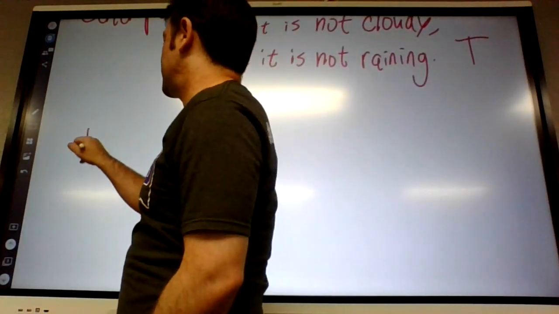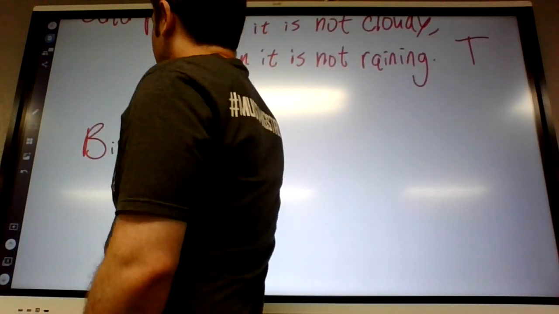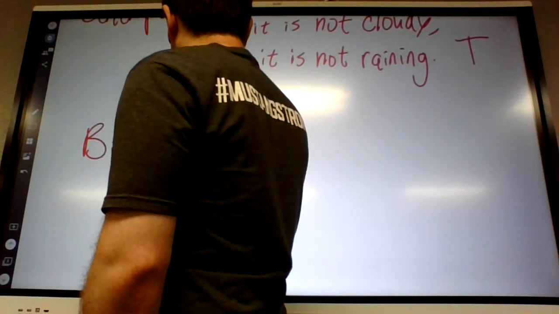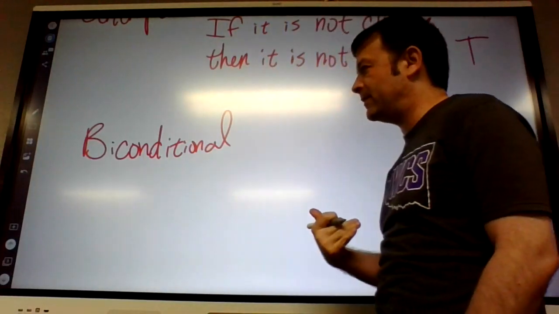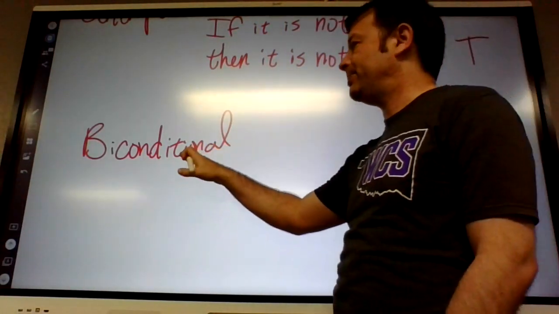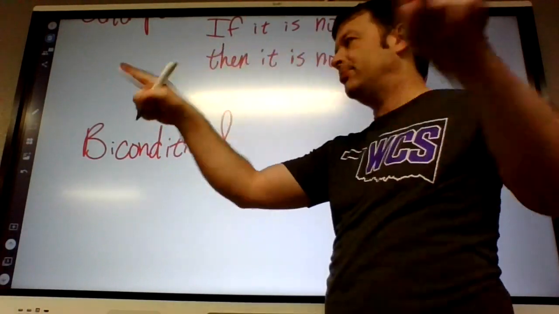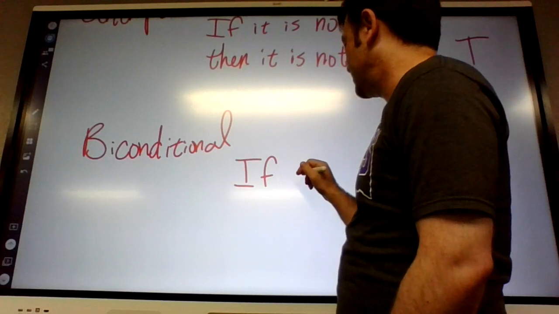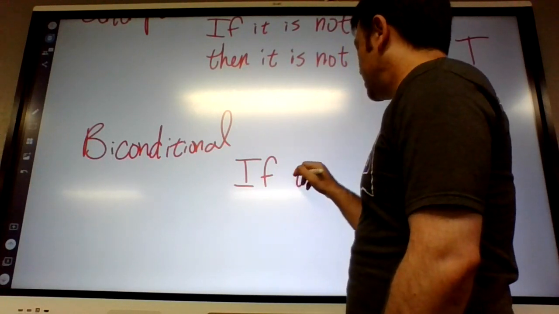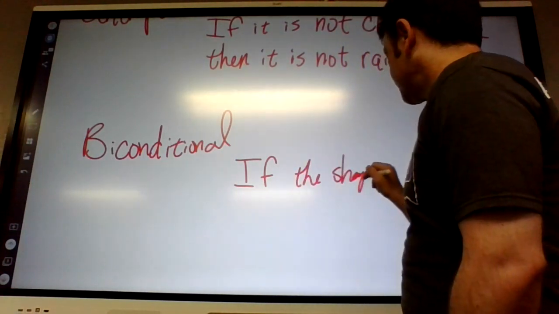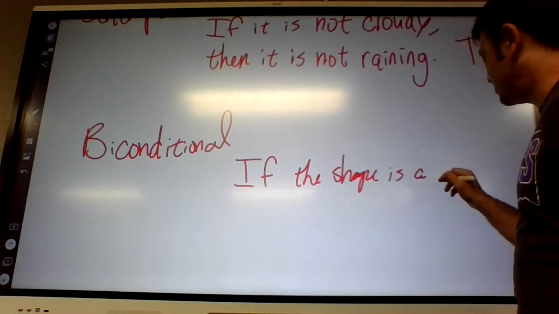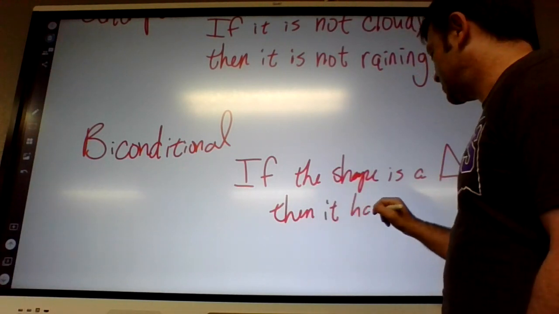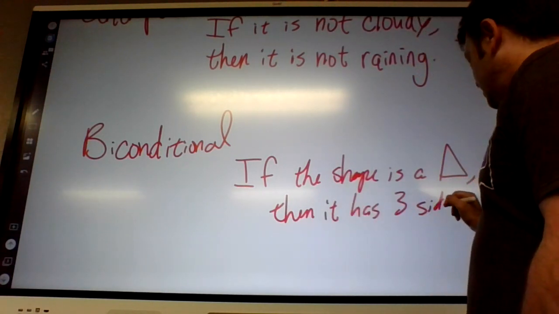So the last thing on this list here. Those three things kind of go together, and then this is kind of off by itself. If things are true both ways, like the original statement and the converse, it can be written in one sentence called a biconditional. Bi means two, so it can go both ways. So my little example was: if the shape is a triangle, then it has three sides, and that's true.